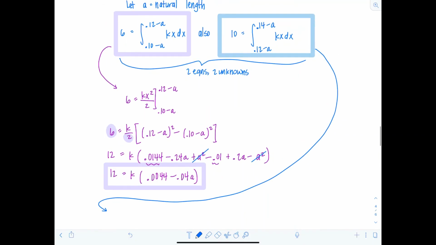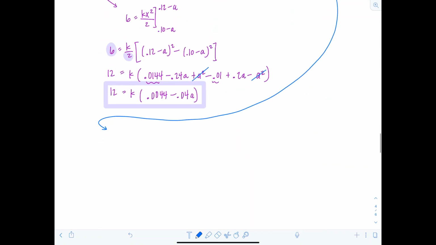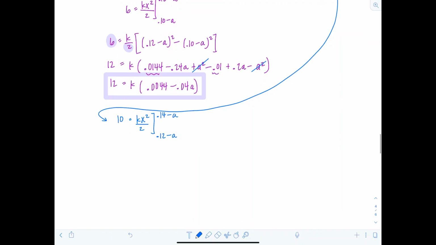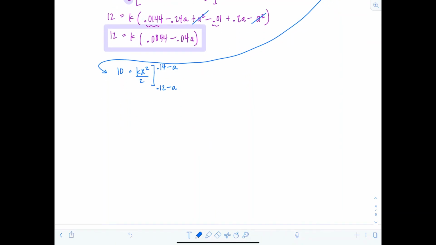Super similar process, right? So now we have 10 equals kx squared over 2. This one's going to be evaluated from 0.12 minus a to 0.14 minus a. And then really similar process as last time. I have 20 equals k times 0.14 minus a squared minus 0.12 minus a squared.